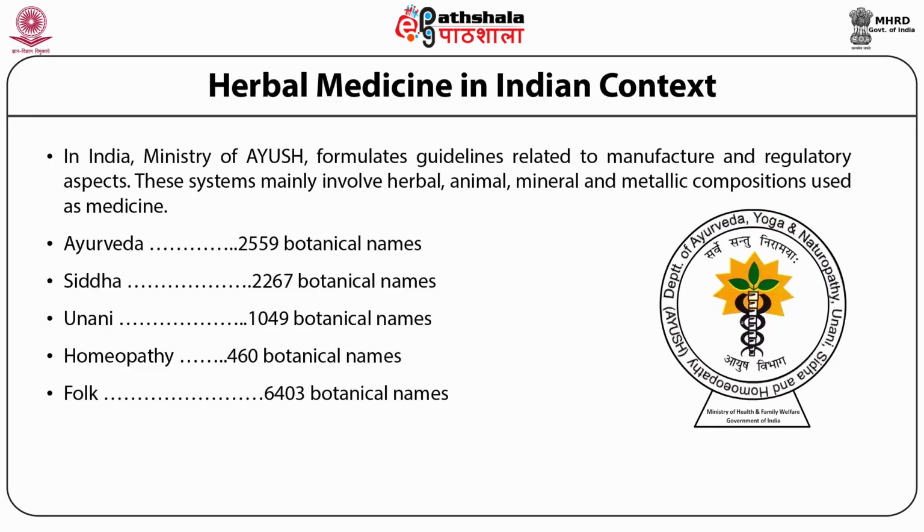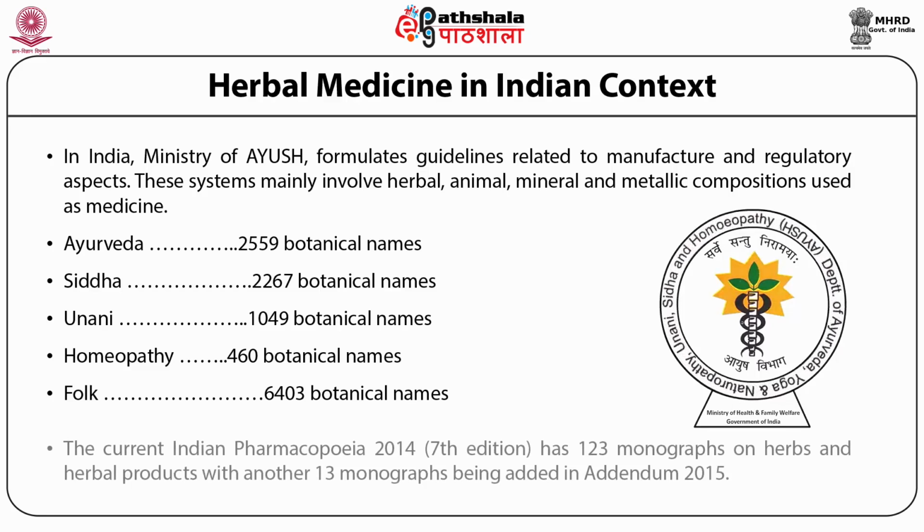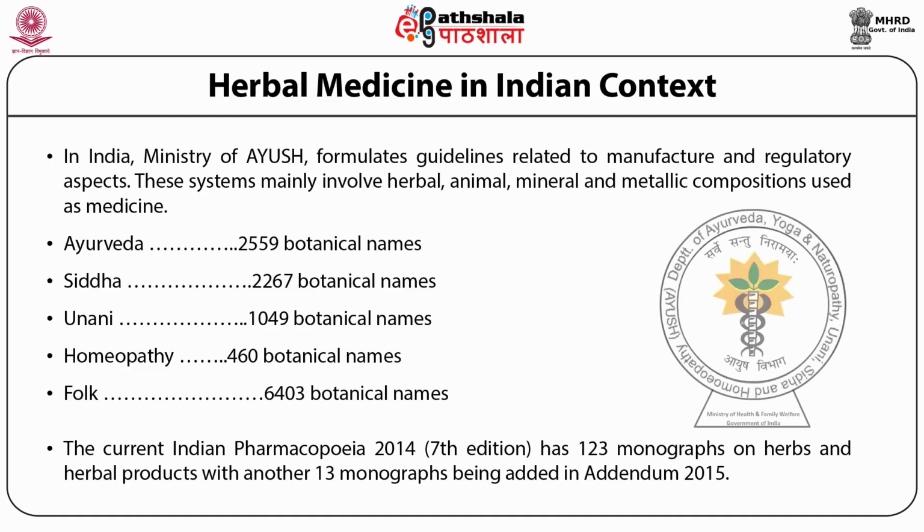Let me also give you data about the current Indian Pharmacopoeia. Earlier it was found that the number of entries and monographs in the Indian Pharmacopoeia, 5th and 6th edition, was very less. But it has recently shown an increasing trend.